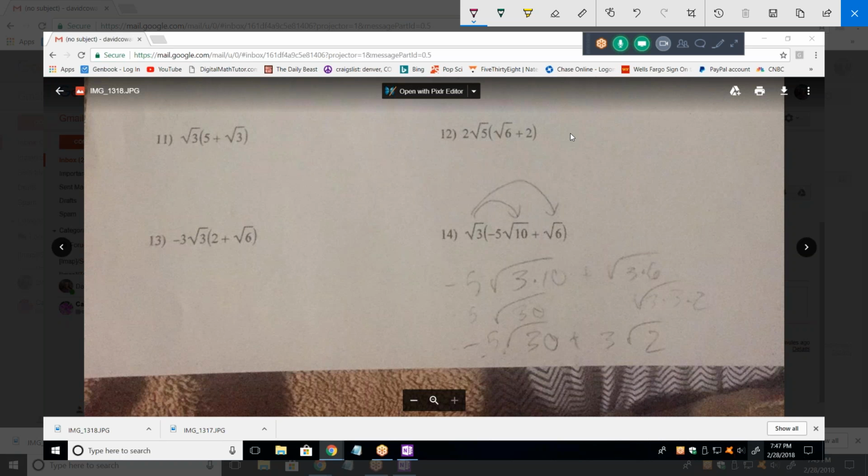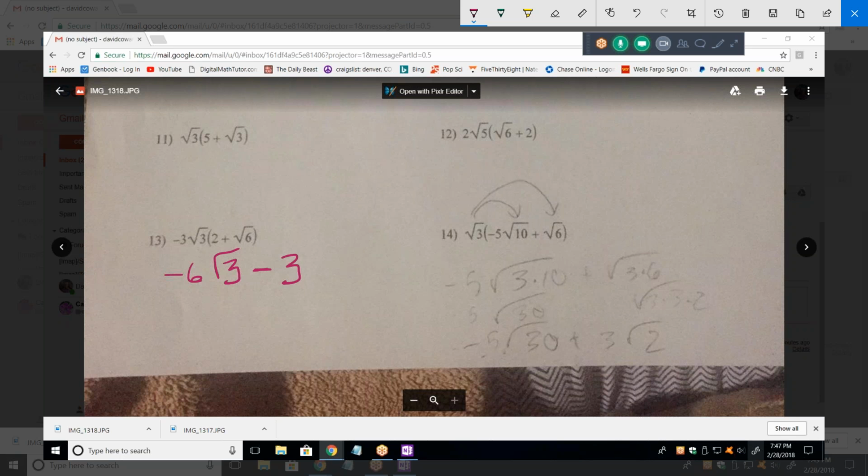It'd be -6 square root of 3 plus. No? Oh, it'd be minus because it's negative, right? Yeah. Now the best way to do this is just go ahead and do the multiplication, because we're not looking at big numbers. Square root of 18 is not going to be difficult to simplify.